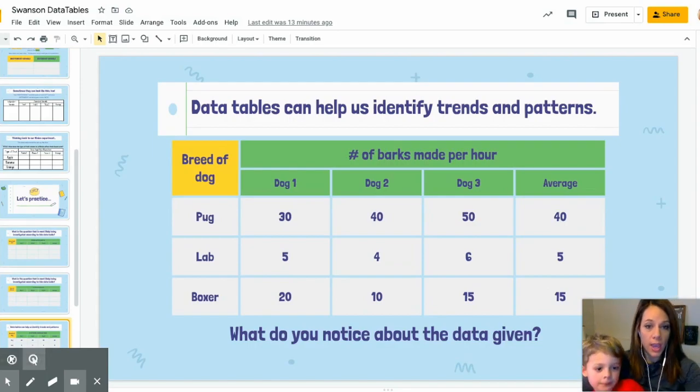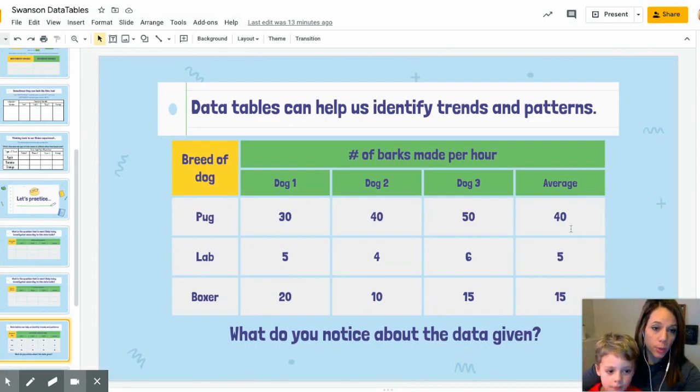So again, pug has 40 barks per hour. The lab has 5 barks per hour, and the boxer averaged out to be 15 barks per hour. So just looking at the data table, I can see that the little pug here is barking a heck of a lot more than the lab and the boxer.